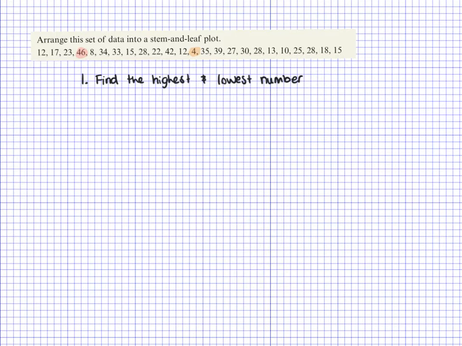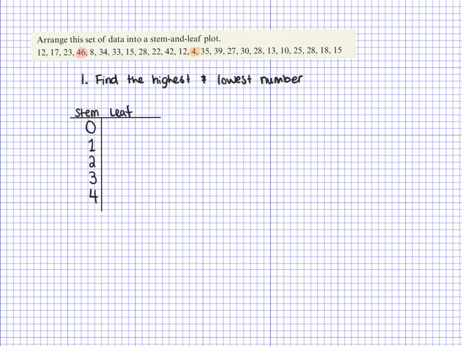So I'm going to set that up now. Okay, so you can see I've set up my stem ready to go, and I've got 0 all the way to 4 to represent all the way to 40. Now we need quite an organized approach, because remember, the leaves have to be in order. So let's go through and highlight all the numbers between 0 and 10, because they'll go together.